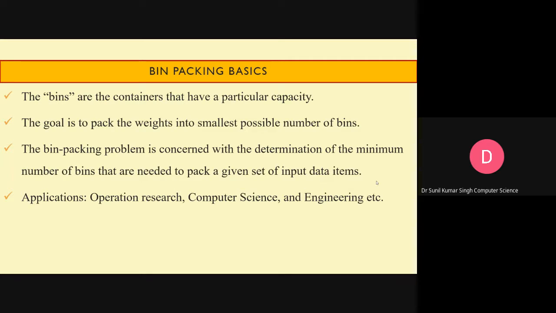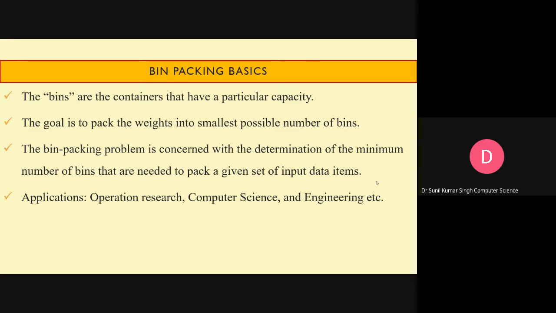Now, look at the third point. If we define the bin packing problem systematically, the bin packing problem is concerned with the determination of the minimum number of bins that are needed to pack a given set of input data items.